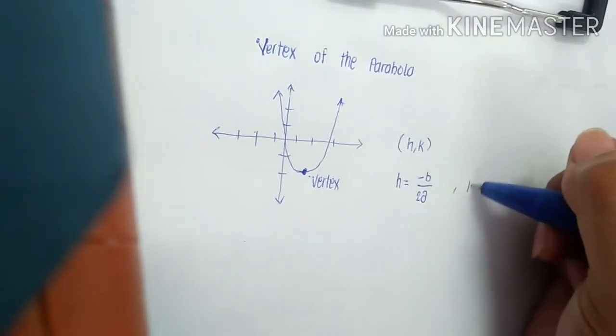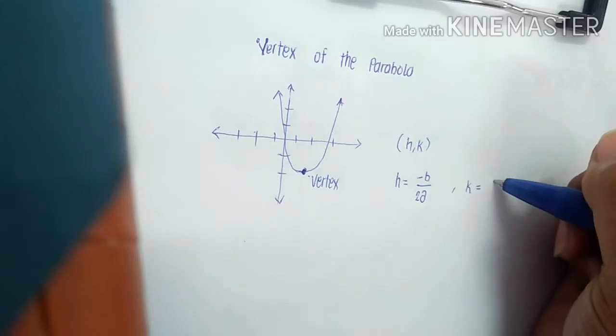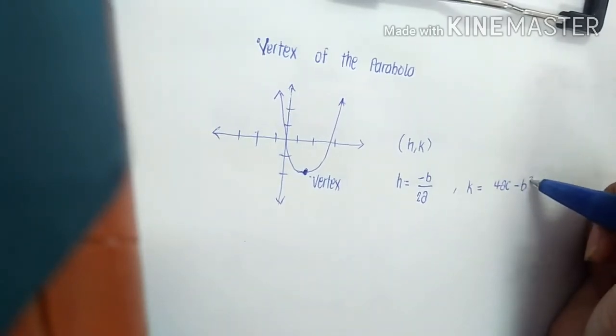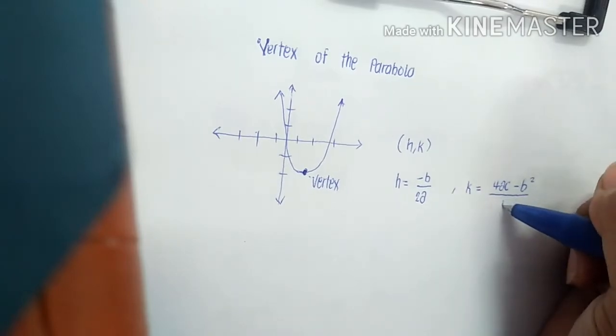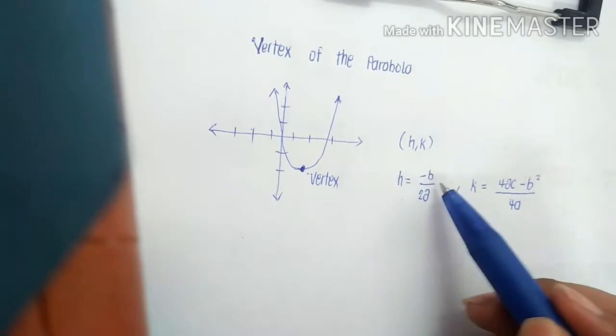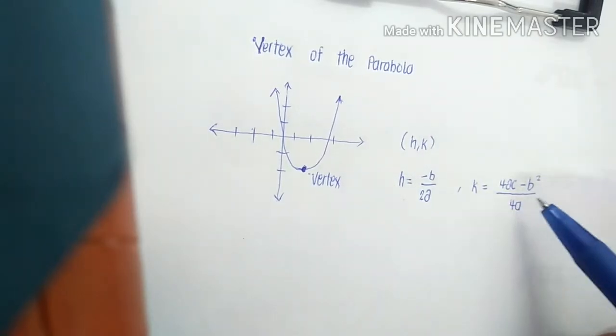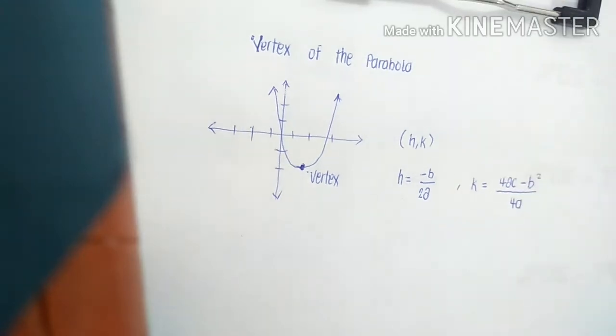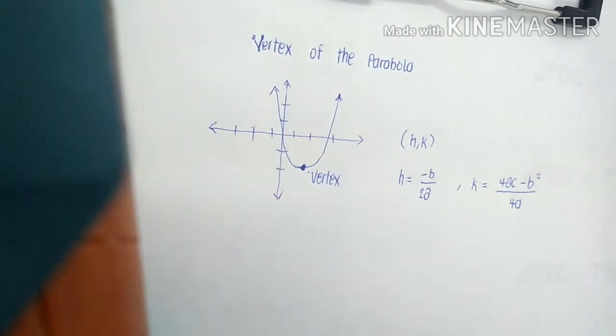And our K is 4AC minus B squared all over 4A. Okay, don't forget that H is equal to negative B over 2A, and K is 4AC minus B squared all over 4A.